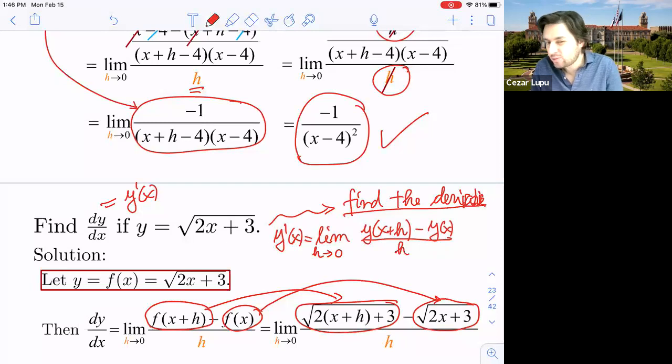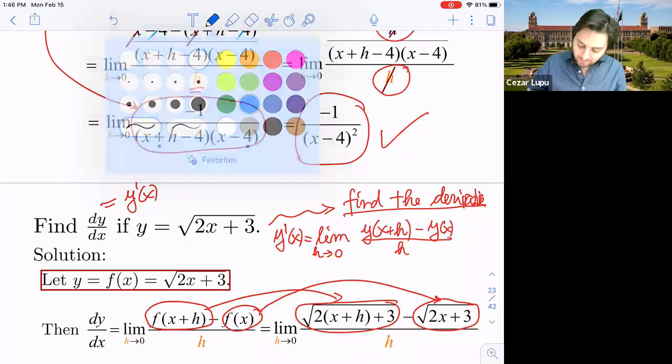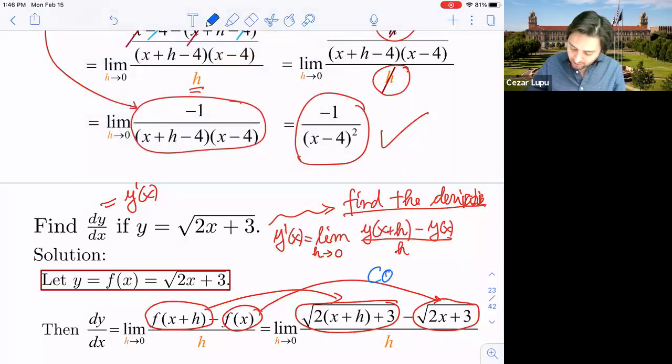So what did we say? How do we overcome this main difficulty here? What should we do? It's called the conjugate. Exactly. You multiply by the conjugate.